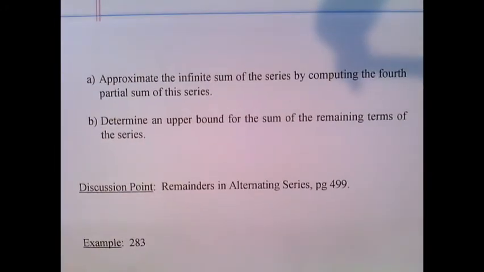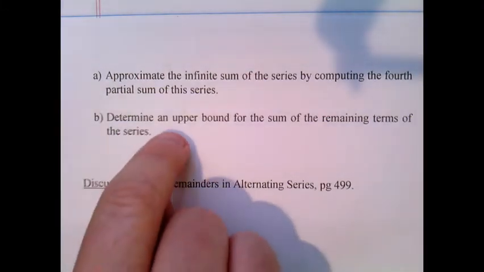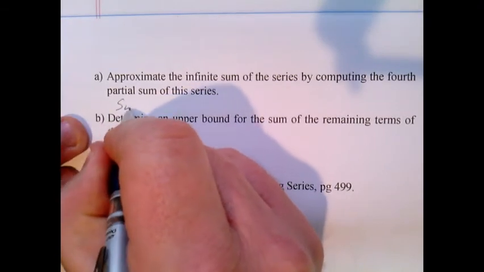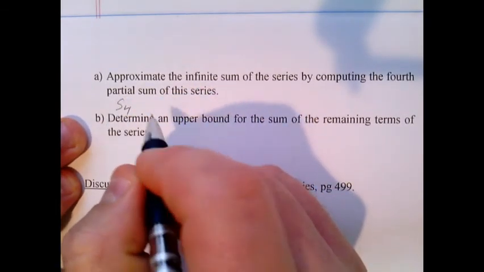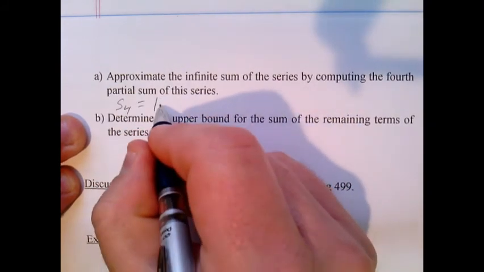but it carries over to the fourth and final page of the outline for section 5.5. So we're going to approximate the infinite sum of the series by computing the fourth partial sum. And then we're going to determine an upper bound for the sum of the remaining terms of the series. Okay, well, the fourth partial sum, remember we use a big S for partial sums, would just be the sum of the first four terms.